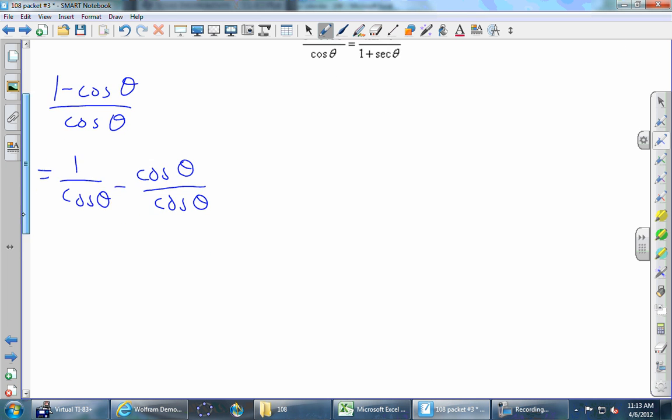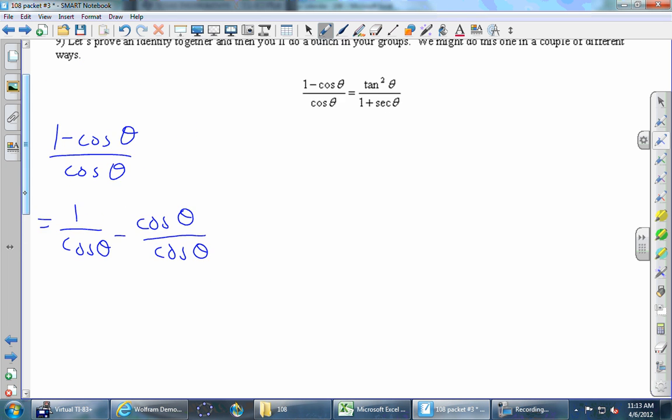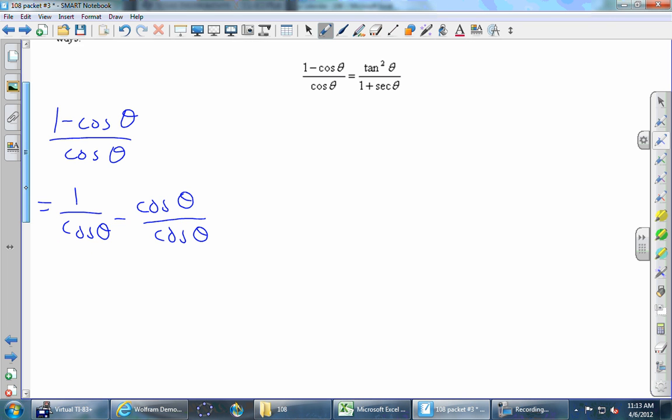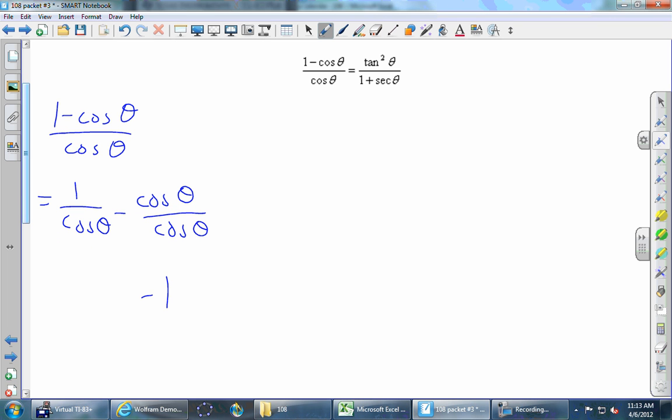Okay. And I'm not saying that necessarily looks more like the answer, but at the very least, this involves a -1, which is simpler than anything I've got so far. 1 over cosine is better known as what? Secant. Okay. Secant theta -1.